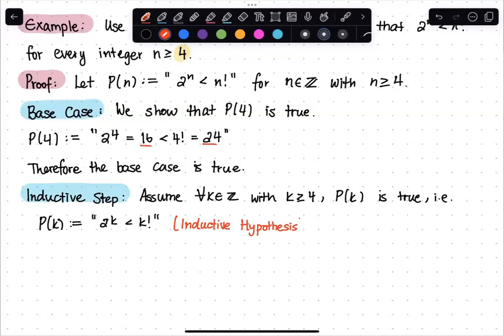Okay, so now we just need to show that. So we want to show that P(k+1) is true. So we want to show that this is true now.